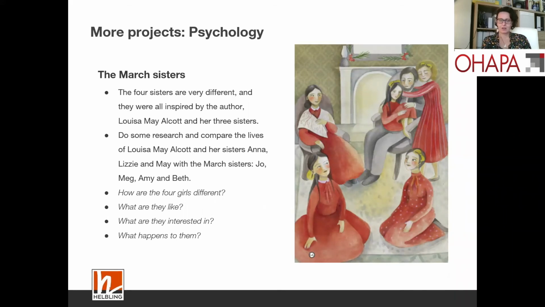So if you have the time, you can compare the author and her sisters and the March sisters, or you can simply read the book, and in the reading journal, students can take notes and characterize each of the girls in different terms, like what are they like, what are they interested in, and what happens to them. They are very different, and they are all very interesting characters.